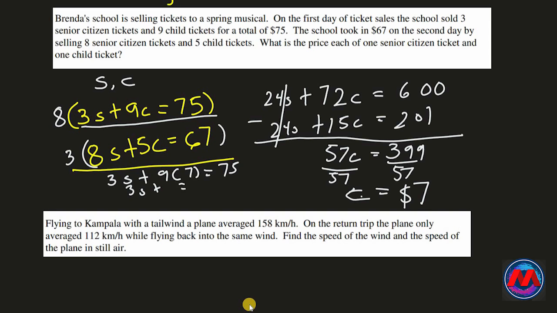Transpose natin sa kabila, would be equal to 75 minus 63. That's 3S equals to 12, divided by 3, divided by 3. S is equals to $4. So, ang value ng isang senior citizen ticket ay $4 at ang value ng children's ticket ay $7.